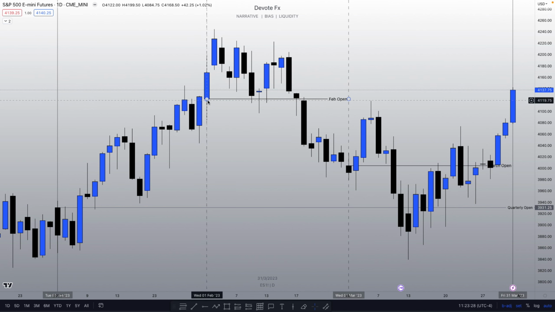into our new month. New month takes out previous month high right here. This is the start of the month. This candle takes out previous month high, accumulates above previous month high. This places lower. We're leaving a fair value gap in a newly created range here to here.